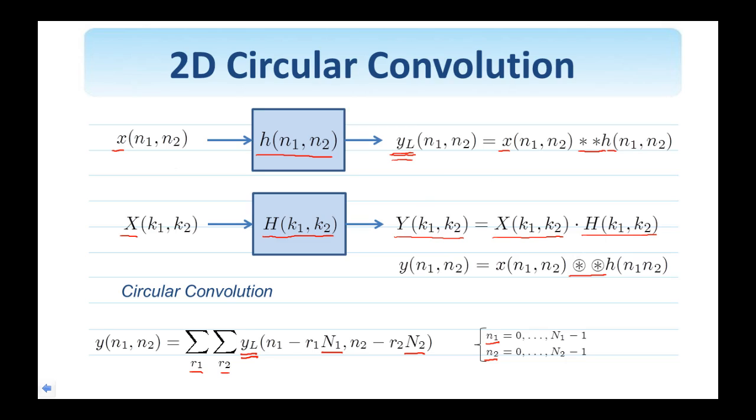So what we've seen here is that I can utilize the efficiency of the DFT to perform filtering in the frequency domain. However, what I obtain by multiplying the corresponding DFTs in the frequency domain is the circular convolution of the two signals, the input with the impulse response. LSI systems perform linear convolution.